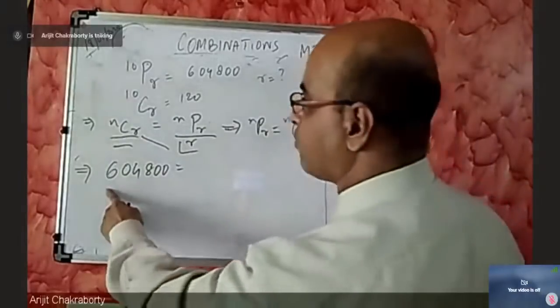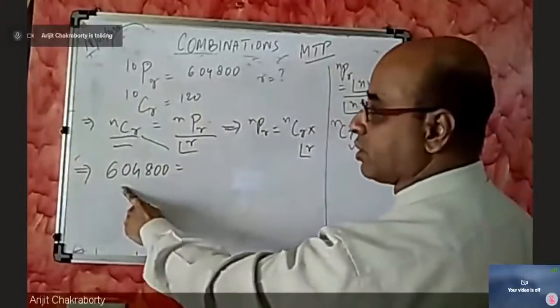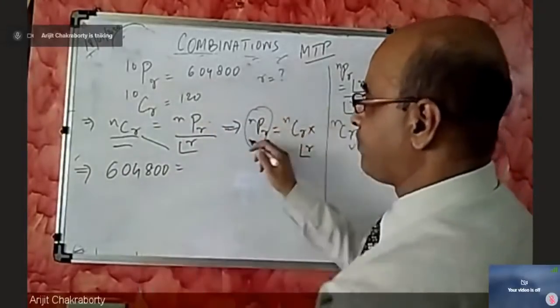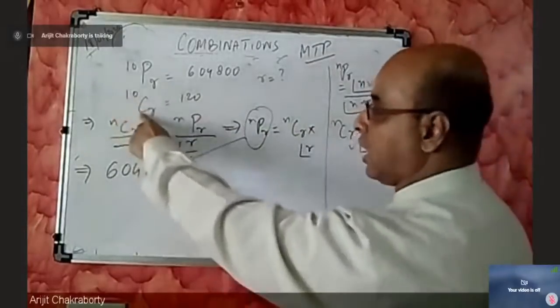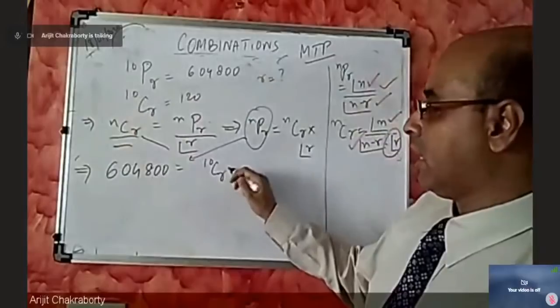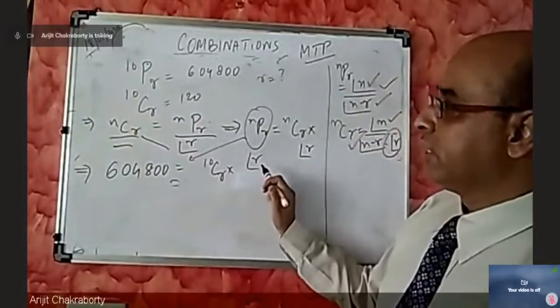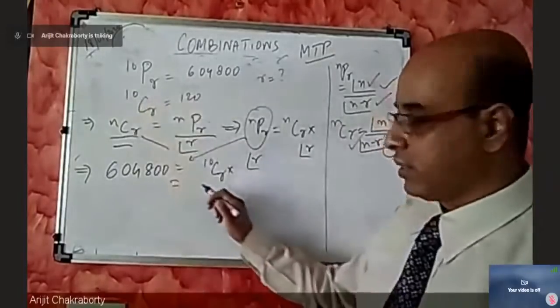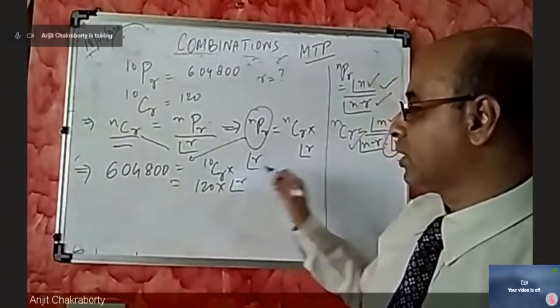So here we have nPr, which is 604800. It will be equal to 10Cr into r factorial. And we know 10Cr is 120. So I can write this is equal to 120 into r factorial.